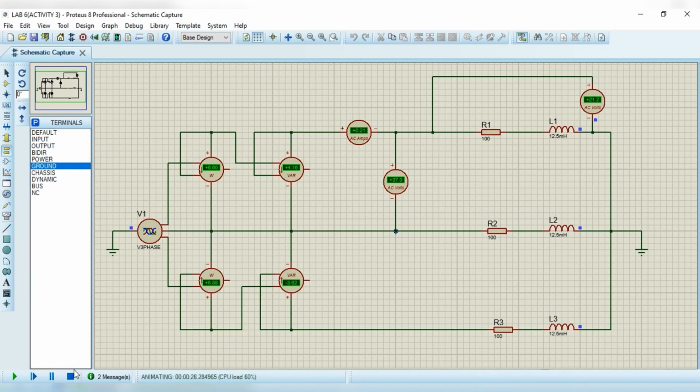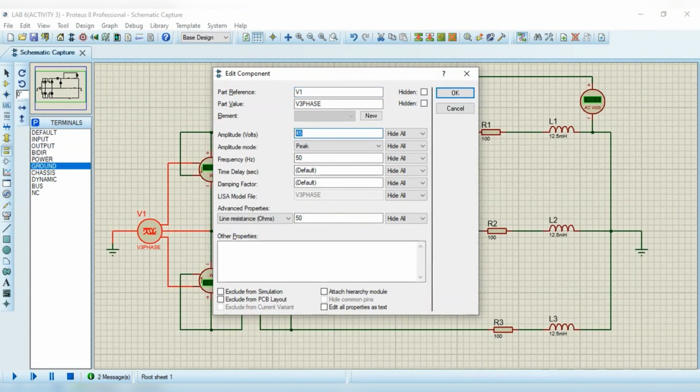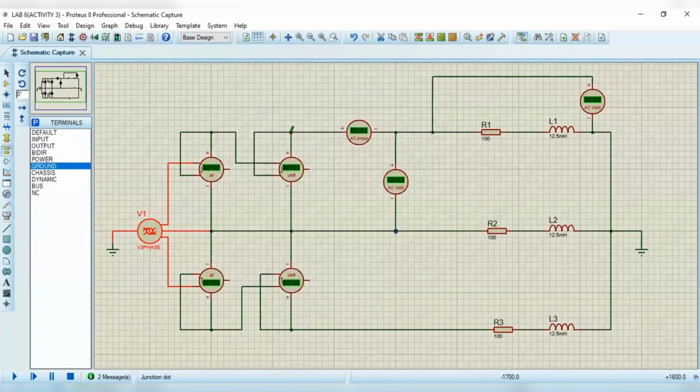And then next, the voltage of the V phase is 90 volt. The value of resistance and inductor is still the same, just the voltage of the 3-phase changes. Okay, so we run 90 volt.